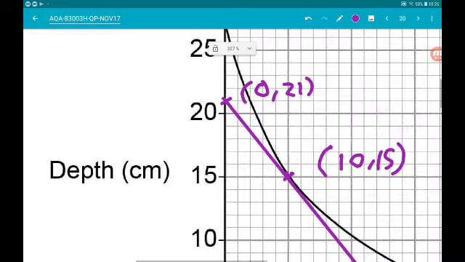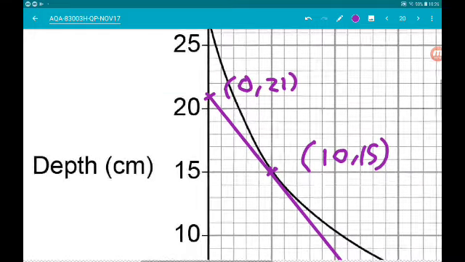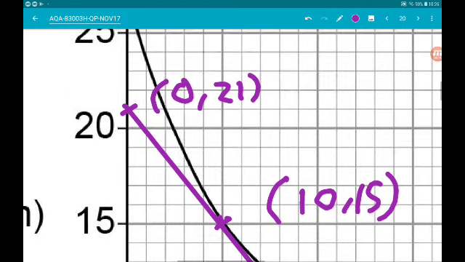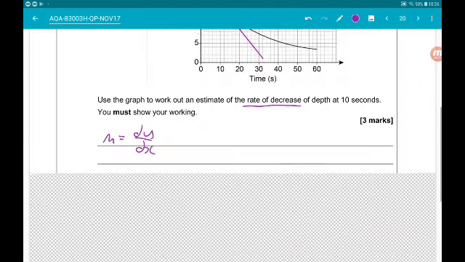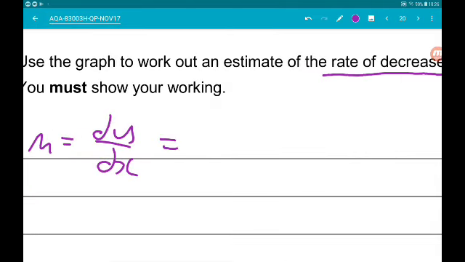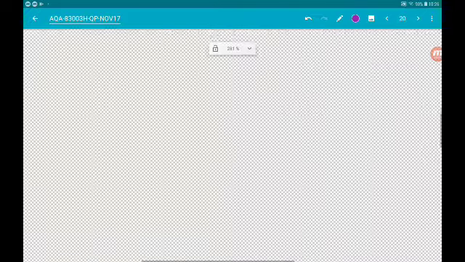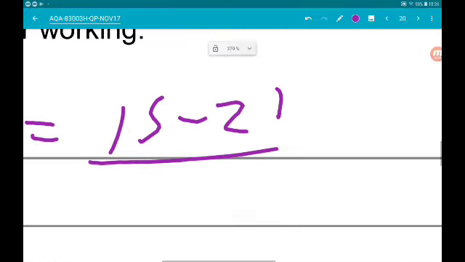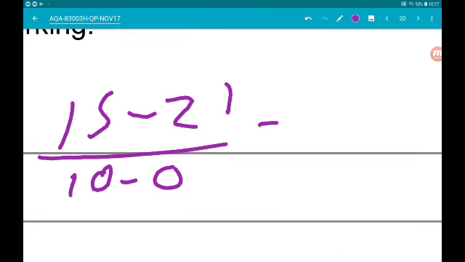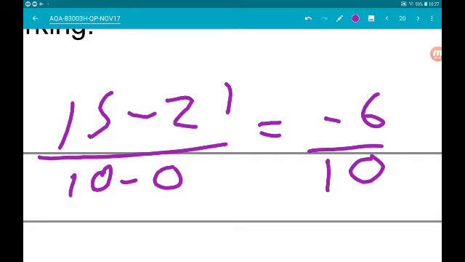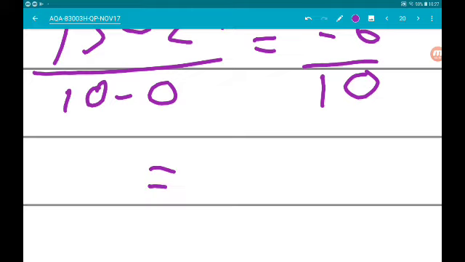So, if we do dy over dx, let's do 15 minus 21 over difference in x, 10 minus 0. So that is going to be minus 6 over 10. Now that gives us minus 0.6.